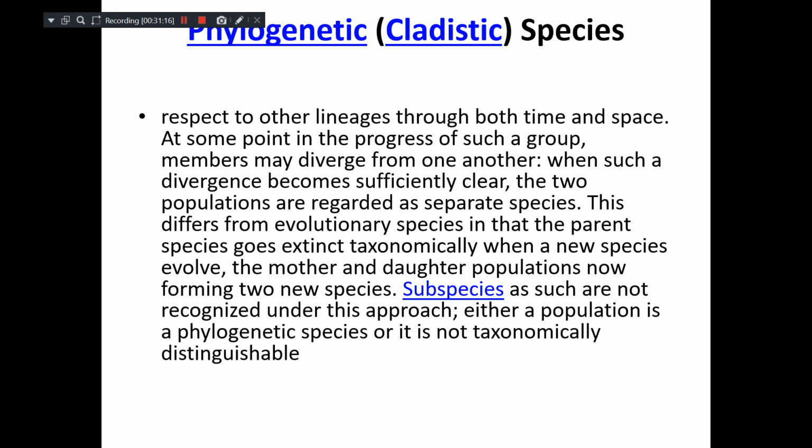They become extinct when new species evolve. The mother and daughter populations are now forming two species. The mother population will go extinct, only the daughter population will continue. And subspecies are not recognized under this approach.